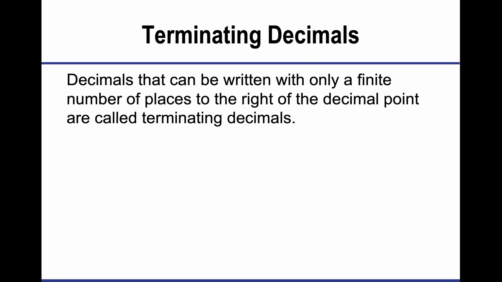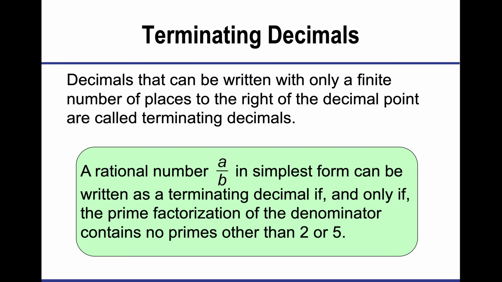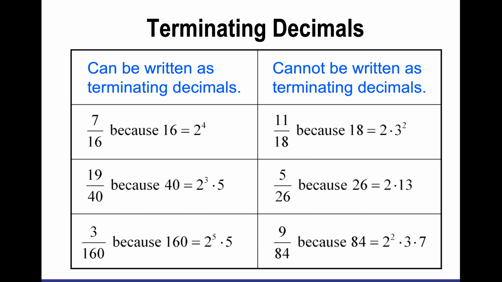Terminating decimals are decimals that have a clear end, so they don't continue on forever. A rational number in simplest form can only be written as a terminating decimal if and only if its prime factorization has no primes other than 2 or 5.